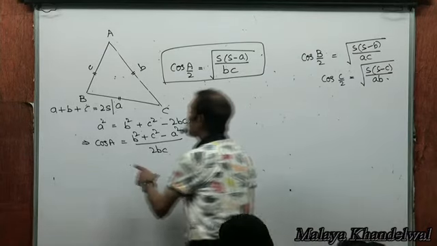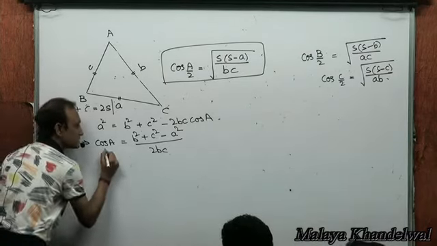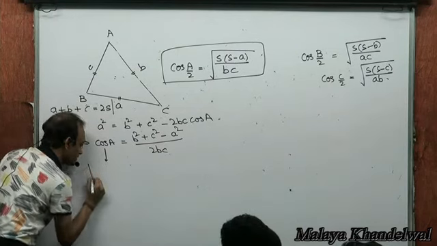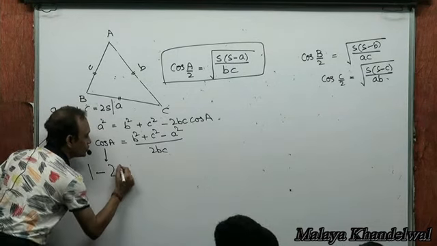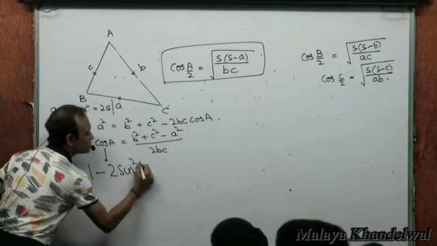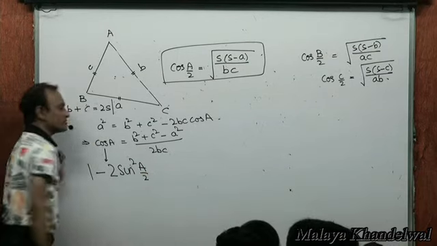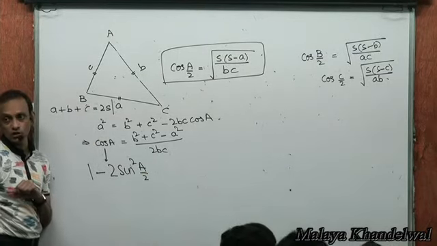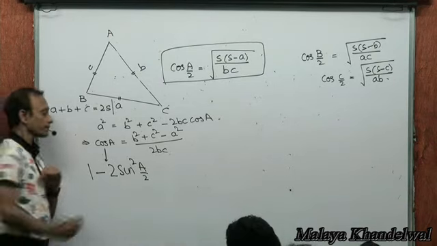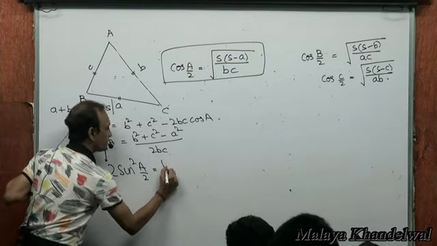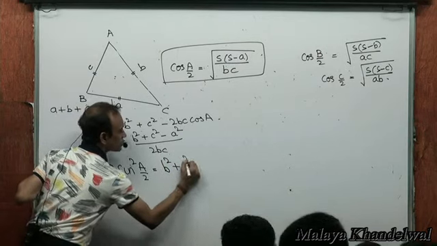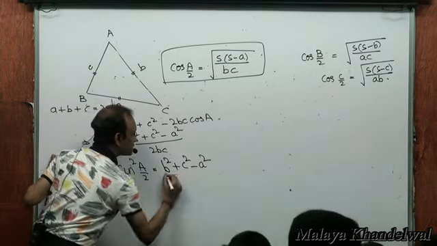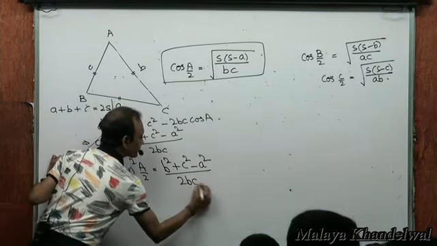Now cos A can also be written as 1 minus 2 sine squared A by 2. It could also have been written as 1 minus 2 sine squared A by 2, right? Which is b squared plus c squared minus a squared by twice bc.